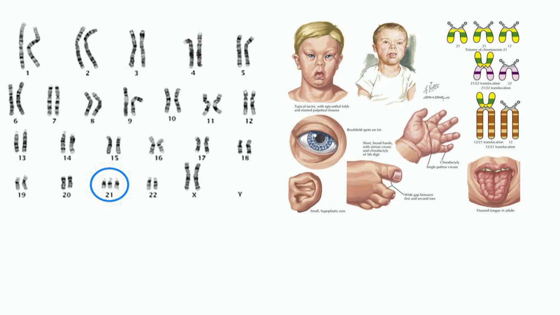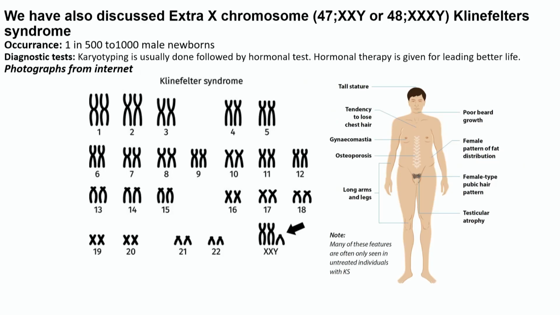Once again, this picture is known to you. This is Down syndrome, and here you have the trisomy for chromosome 21. So there are 3 copies of chromosome 21, and this results in certain features as you have already seen.